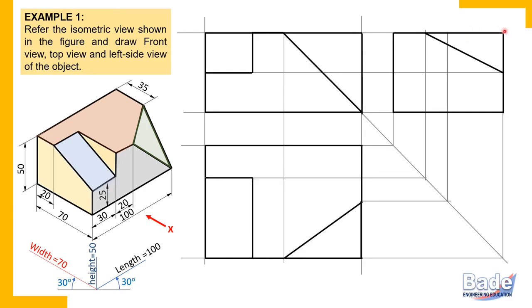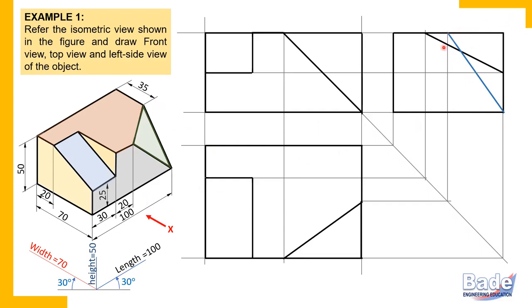So ends of this edge, this end to be joined with this corner, and this end to be joined with this corner. But there is already a line here. Matlab, we have already joined this. Now join this part. So this triangular surface we have completed in the side view.